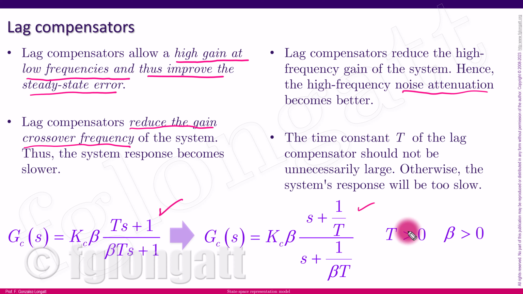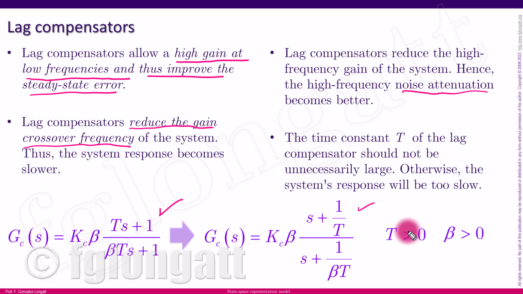However, lag compensator is one of the compensators that we use in control, because we also have the lead compensator. What is the difference between lag and lead? Well, the lag compensator is basically a controller that is dominated by the performance of the pole. So that is the classical representation of a proportional integral controller, or PI. On the other hand, we have the lead controller.